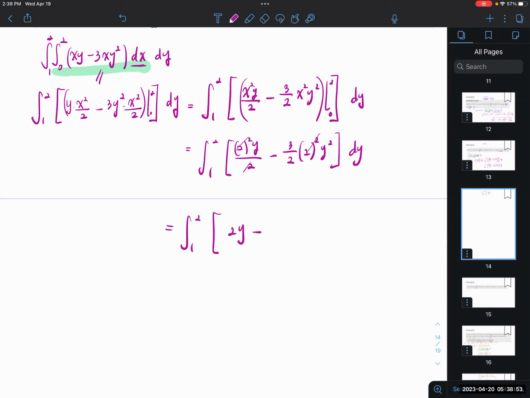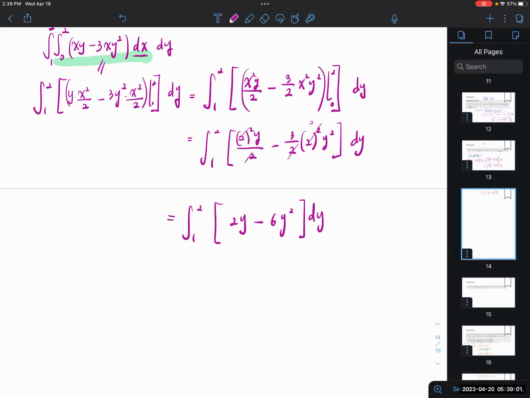And then this is going to be 4 divided by 2, it's 2 times 3, 6y squared dy. Now we're going to take the integral with respect to y. So 2y squared over 2 minus 6y cubed over 3, from 1 to 2.